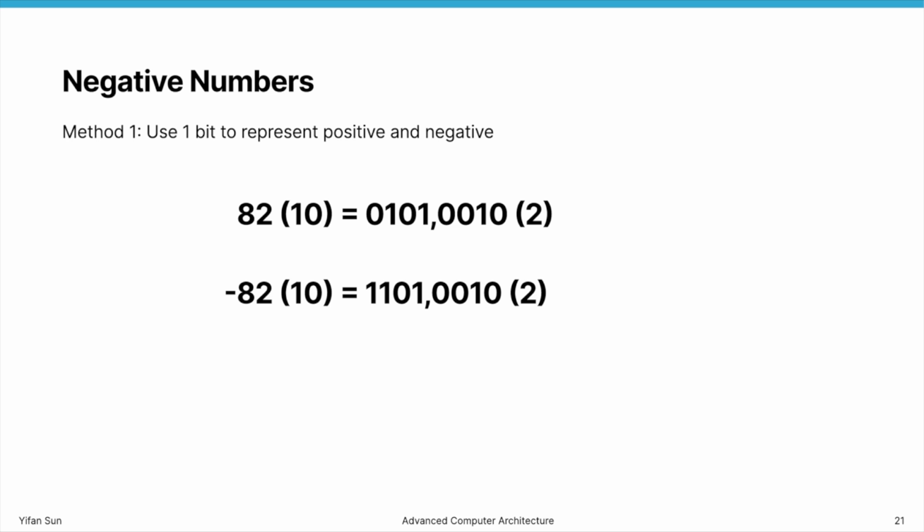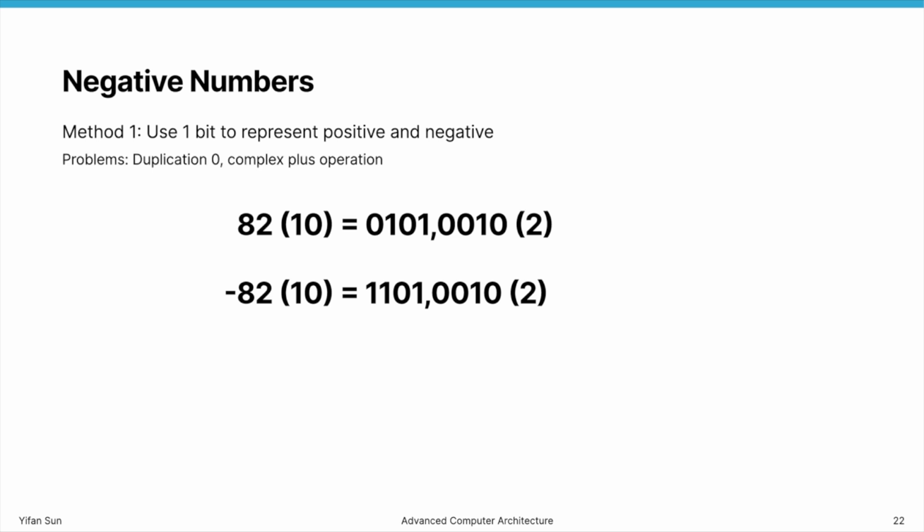We need a method to calculate positive and positive, negative and negative, and positive and negative. We need 3 different sets of ways to calculate these numbers. So this is really annoying, and that's why we want to avoid this.